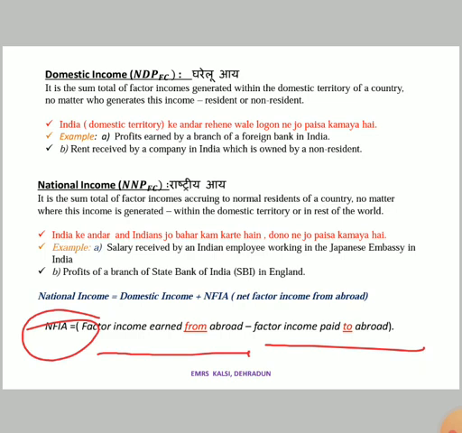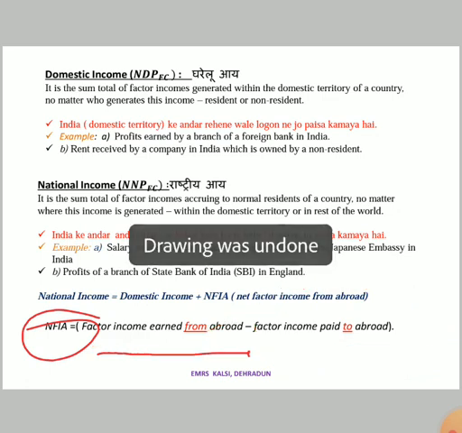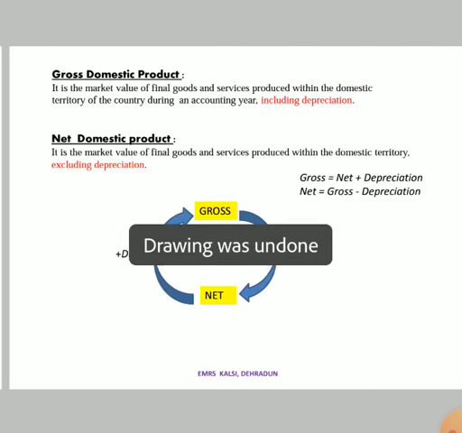So the money received from abroad by Indians and the money paid to foreigners by India, we subtract these two and we will get NFIA, means net factor income from abroad, okay. So these are the two concepts here.